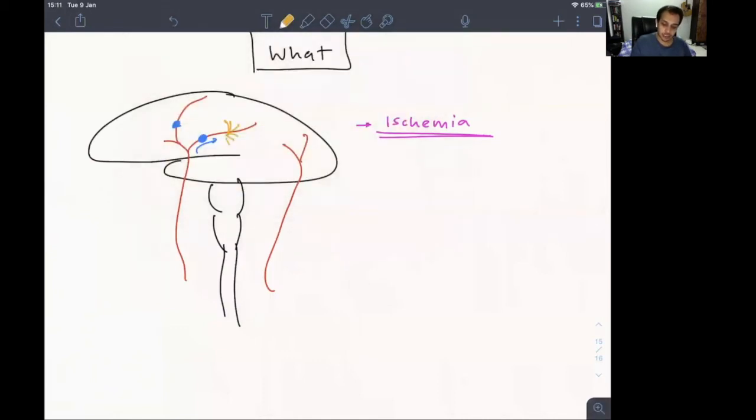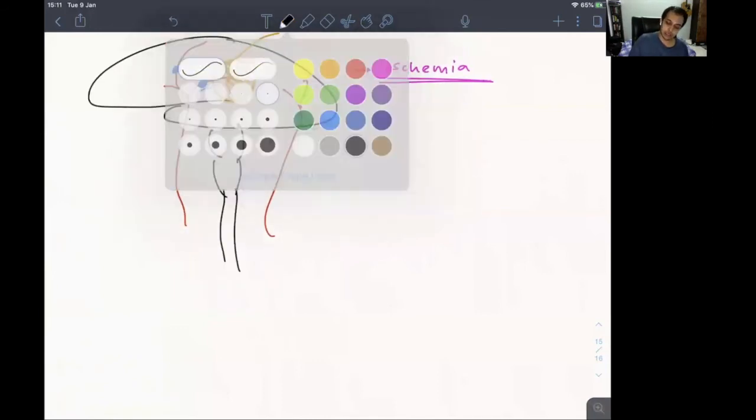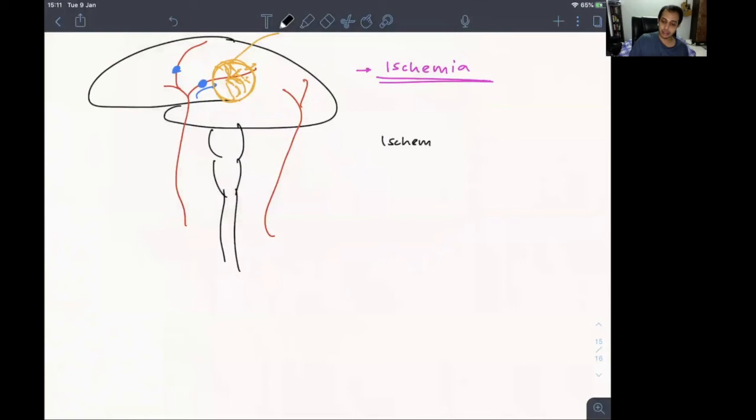So there is a rupture of your blood vessel causing blood to spill out, which will lead to, one, there will be no blood flow further down because all the blood has come out, and second, there will be a pressure effect because of the blood collection. Okay. So these two types are known as ischemic infarct and hemorrhagic infarct.